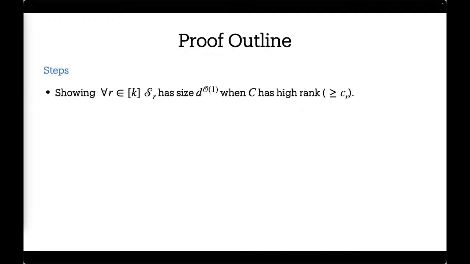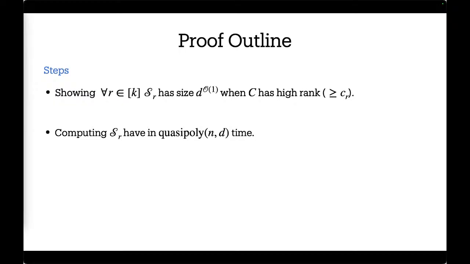So now a proof outline. At the start I told you we'll be doing some structural results. The structural result that I was talking about was showing that this set of vanishing spaces that we just defined is not only finite, it is polynomial in size if the circuit that we started with is high rank, and then we give a way to compute this set.